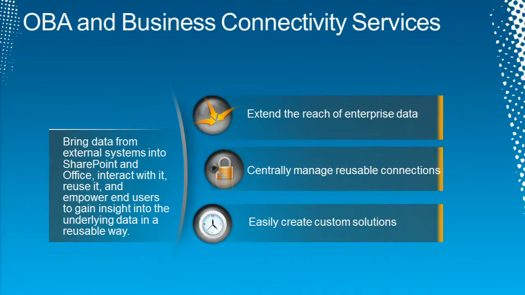So Office Business Connectivity Services in SharePoint 2010 is that connection opportunity to your line of business data. Now in MOSS 2007, we had the Business Data Catalog. And if any of you worked with MOSS 2007 and the Business Data Catalog, you probably struggled a little bit because you just had to work it to make it go.